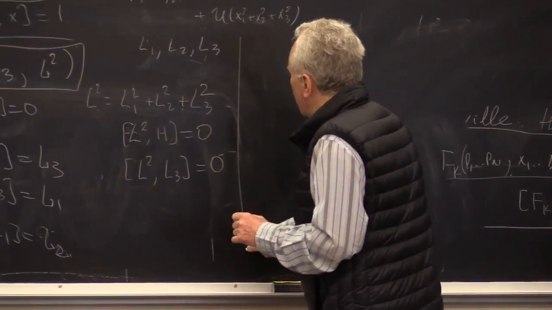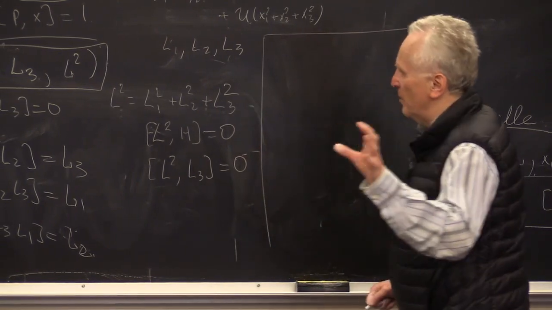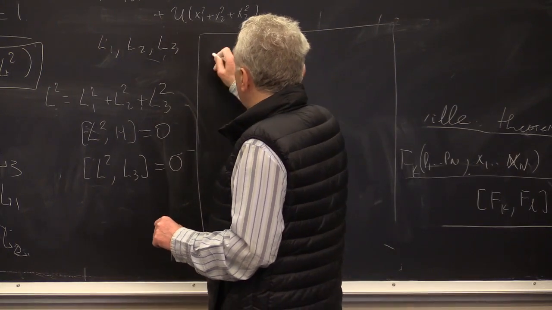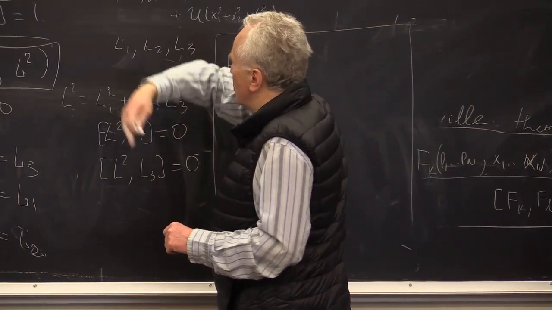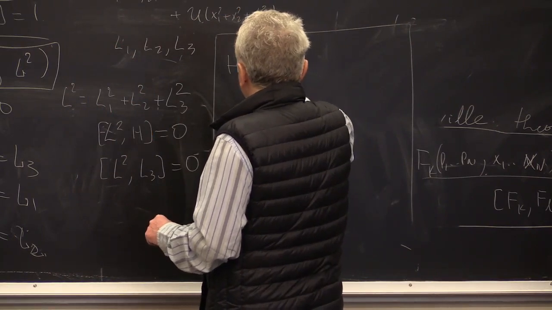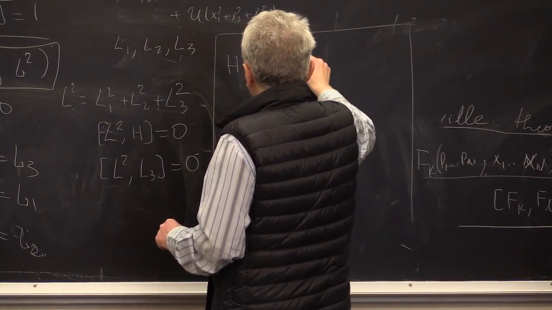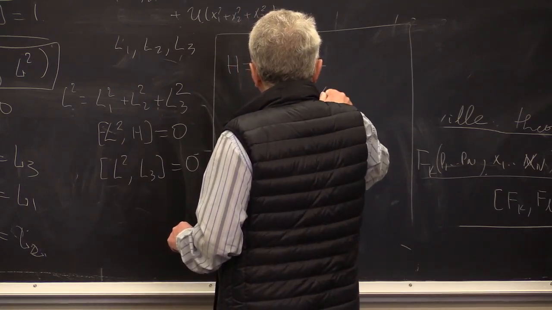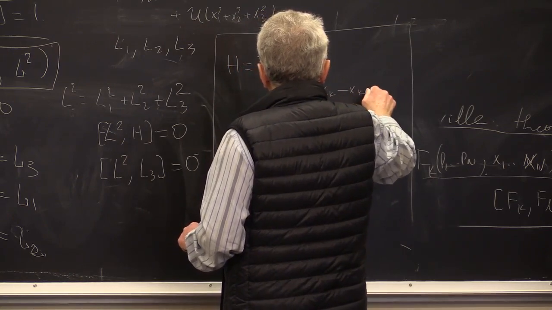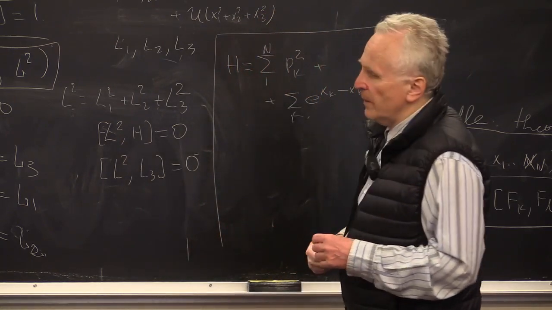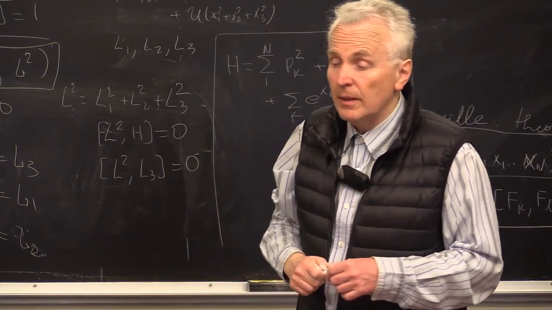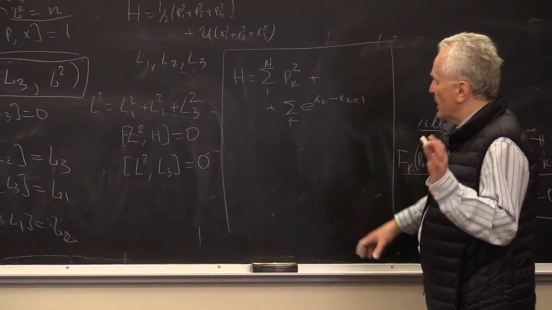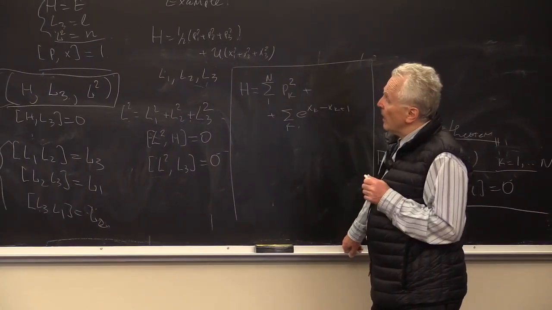For example, just to give you a taste of what will be coming later in the course, we will look at the system with 2n-dimensional phase space, and for which the Hamiltonian is this. This system first appeared in plasma physics, and it's called the Toda lattice. It describes ions in plasma, etc.